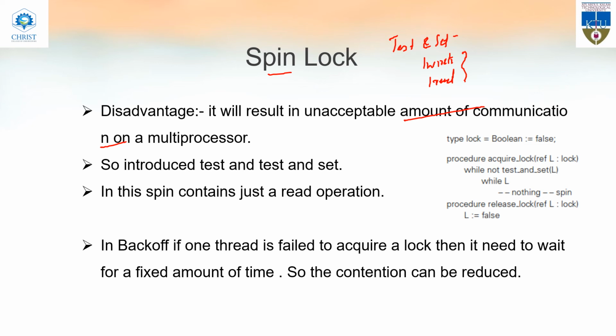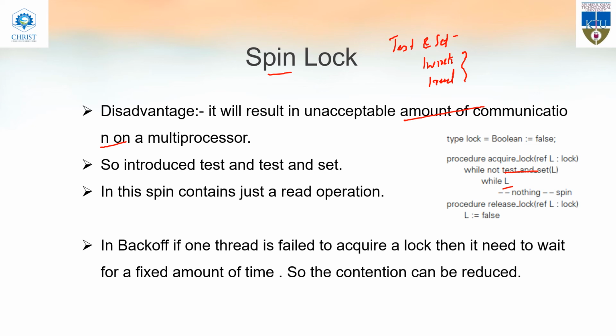To overcome that, what we will do is this: initially when it comes, it will go for one test-and-set condition. After that there will be only the test condition, no set condition.